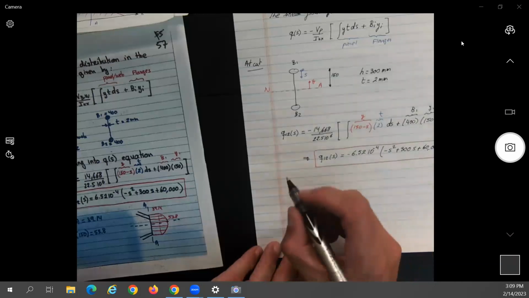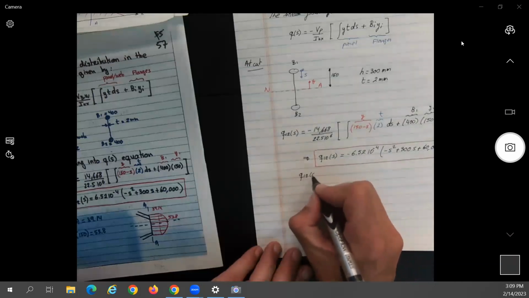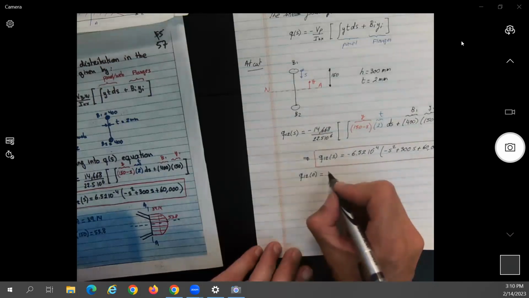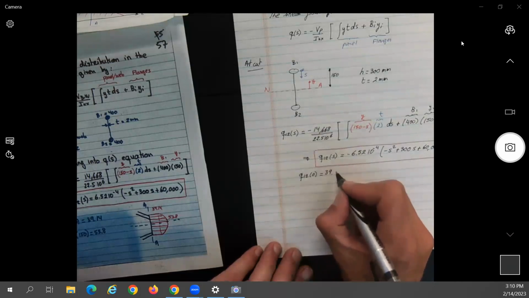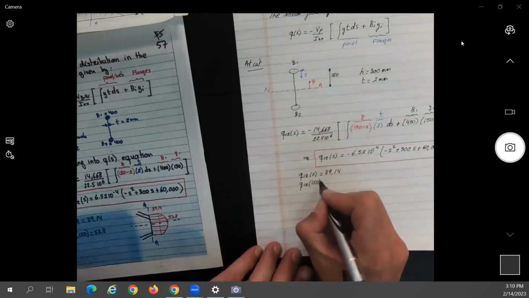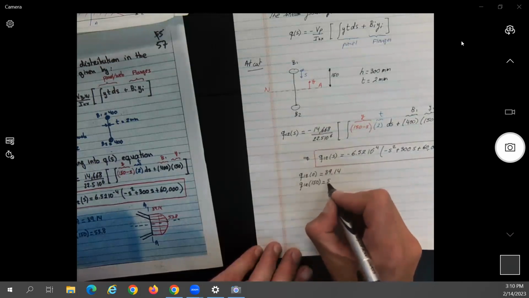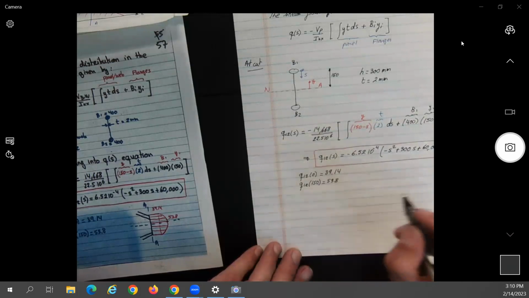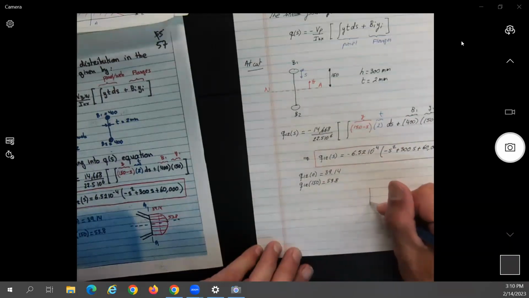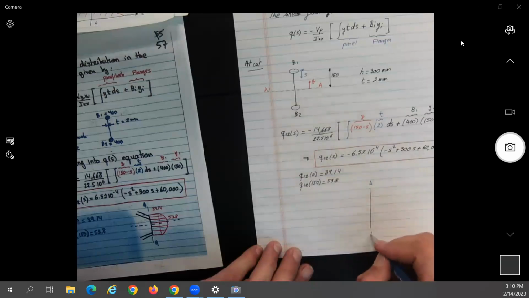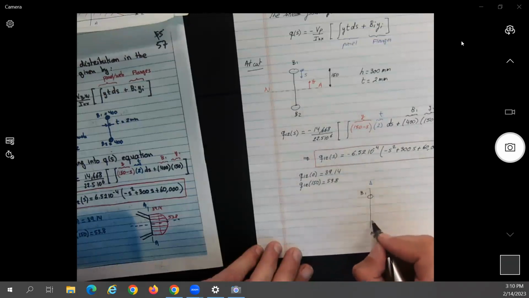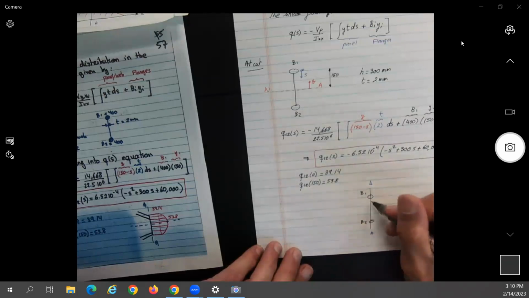Okay, I give you here some values. You don't need to calculate, but basically Q12 at 0 should be equal to 39.14, and Q12 at 150, which would be the maximum value, would be 53.8. So if you look here at what's happening at the cut, let me do it over here. Let's say this will be B1, B2.